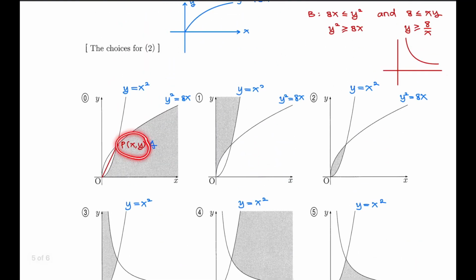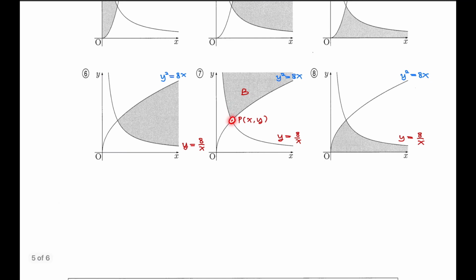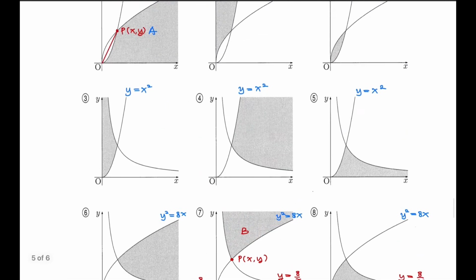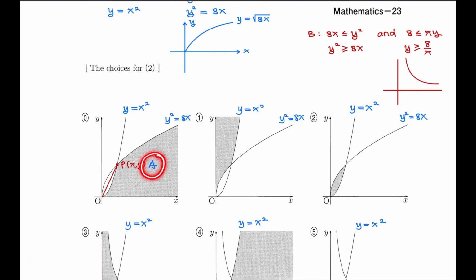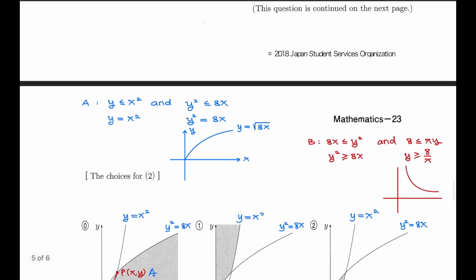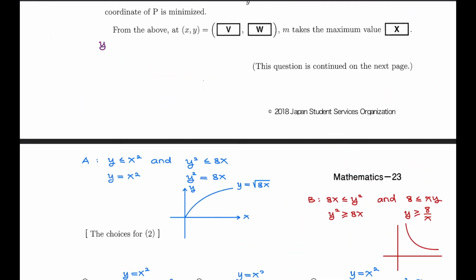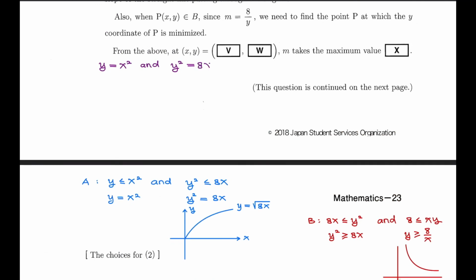So I will find P from region A. You can try it by yourself, find point P by using region B, and you will see that the answer is the same. By using region A, point P is the intersection between these two equations, y equals x squared and y squared equals 8x.